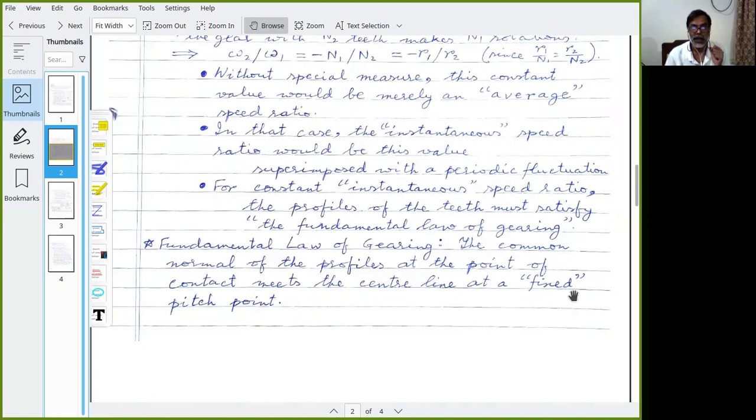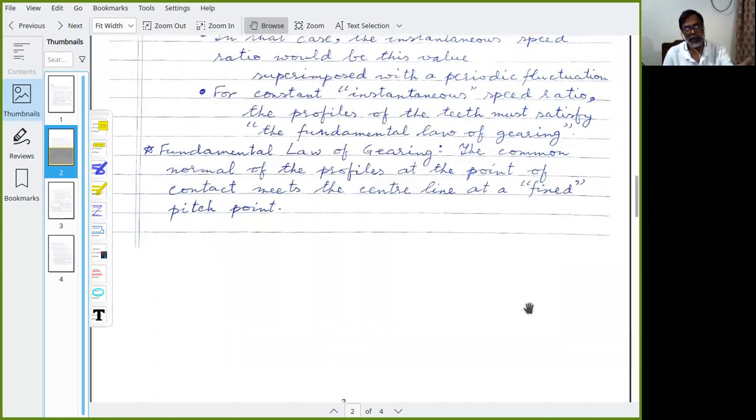Okay. The fixed pitch point. The pitch point should be fixed. Okay. And of course, the pitch point is fixed because it is the common point of tangency of the two pitch circles. But the common normal to the two profiles should pass through that point all the time. So this is the fundamental law of gearing.